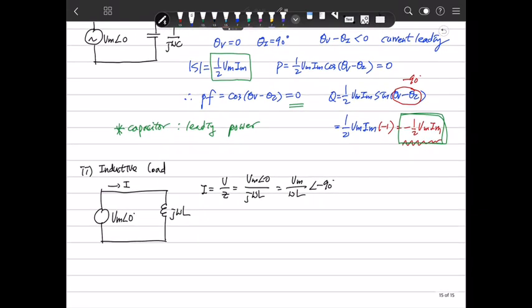So in this case, theta V is 0, but theta I is minus 90 degrees. Therefore, theta V minus theta I is positive. That means the current is lagging.